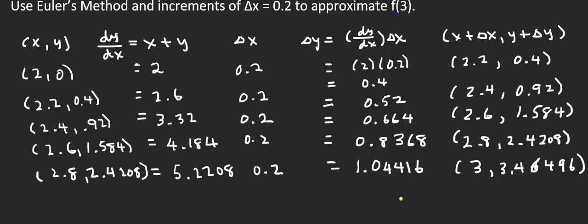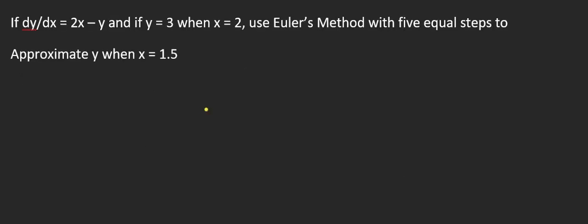So, what is f of 3? Well, f of 3 is approximately 3.46496. Now, again, the beauty of this is that we didn't know what the original f was. We just used dy over dx to approximate the value of f of 3 using Euler's method.